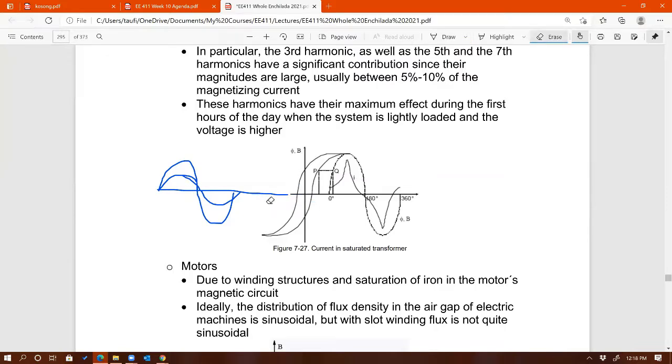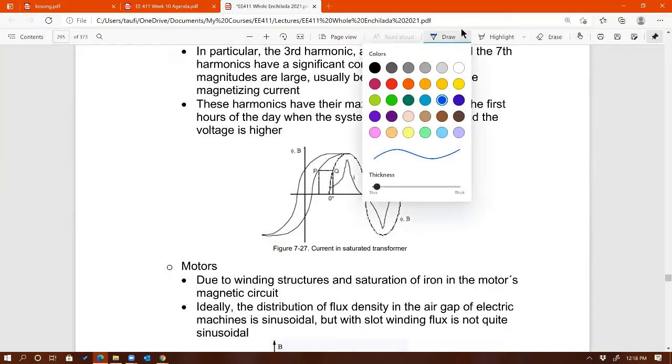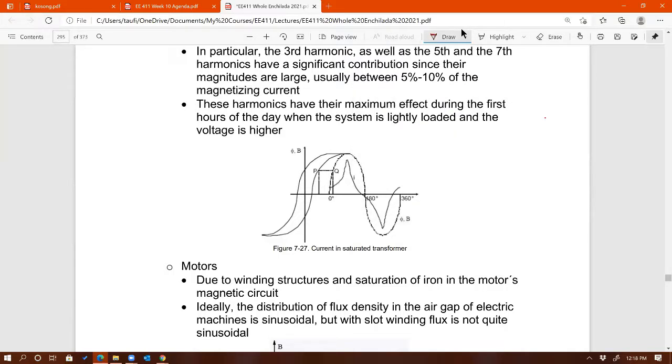If you look at this picture, you see the voltage that is being applied to this transformer, right here, that's the voltage. So imagine this voltage appears across the primary side of the transformer, and that voltage, as you can see, would be in the nonlinear region of the BH curve.